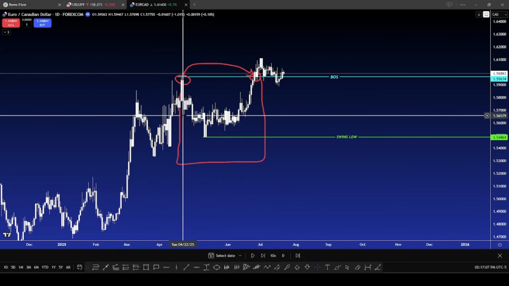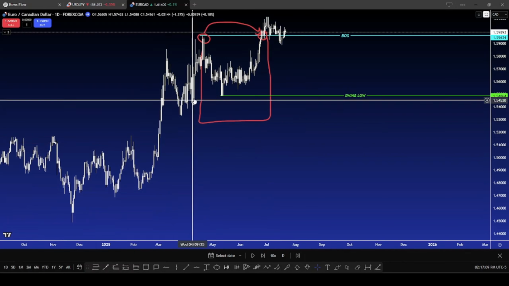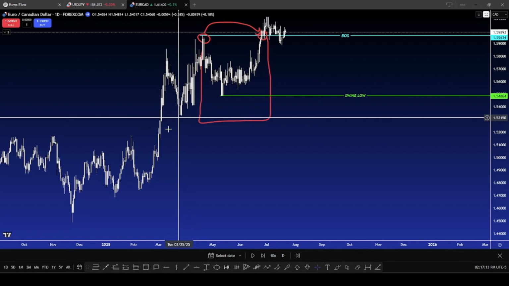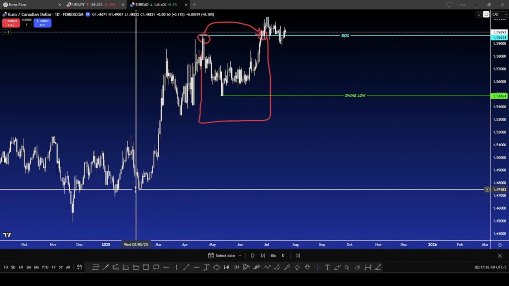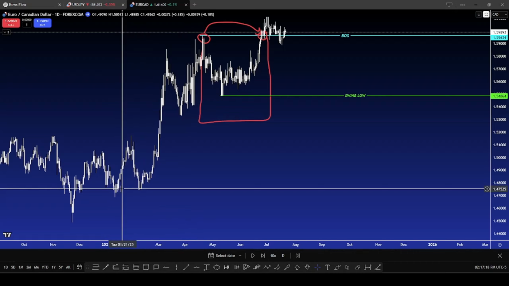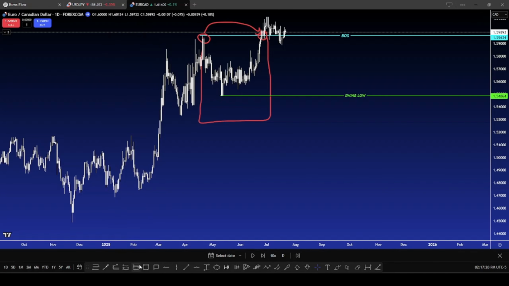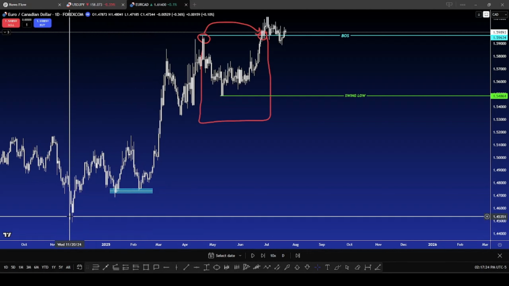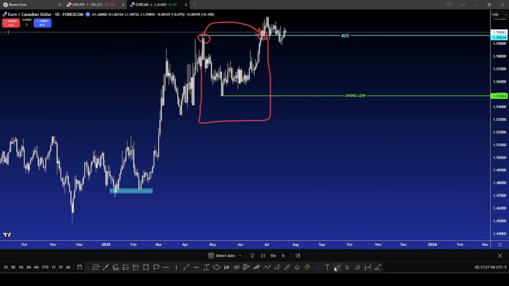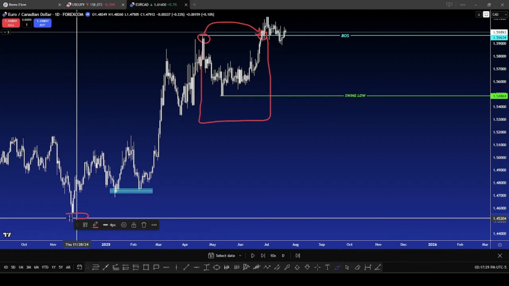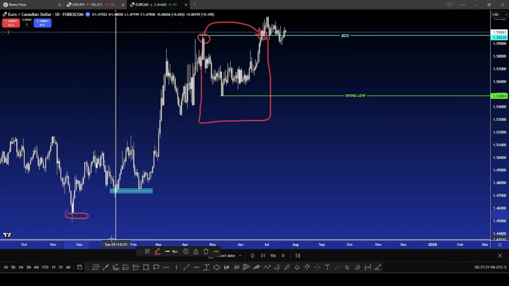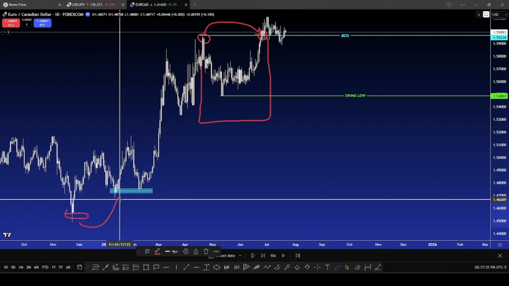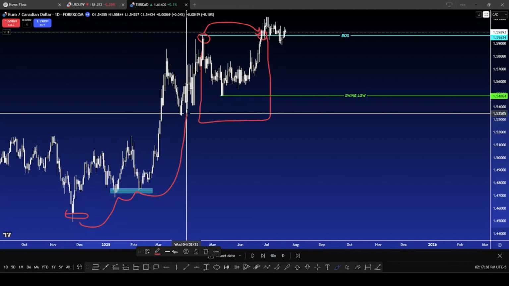It is a higher low because this low is higher than this one. This low is higher than this one. These two lows seem kind of equal, but both of them are higher than this one. So you can clearly identify that the lows are getting higher.